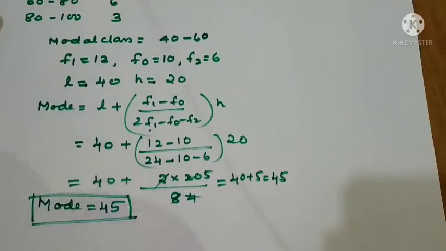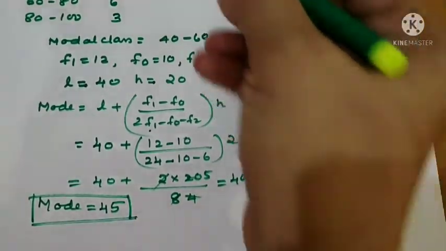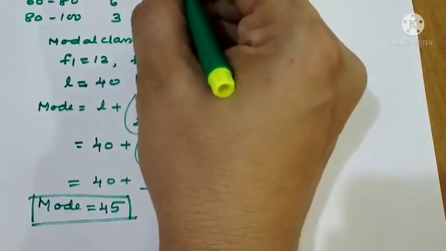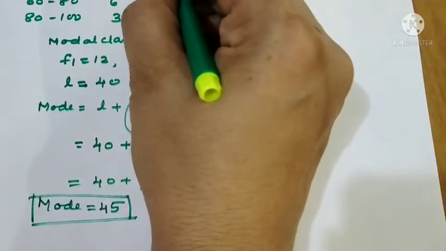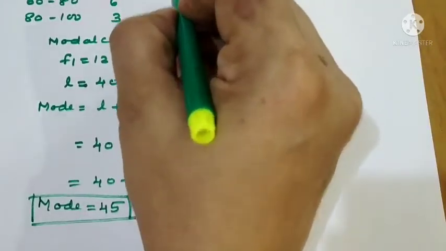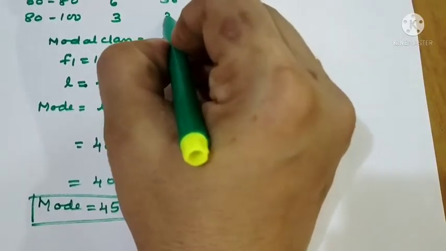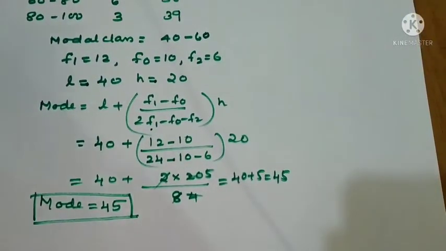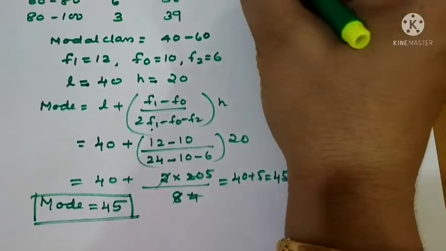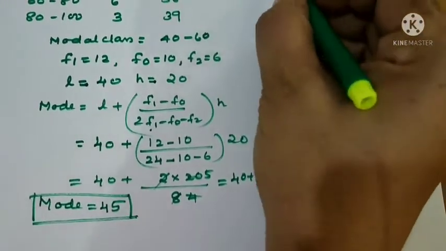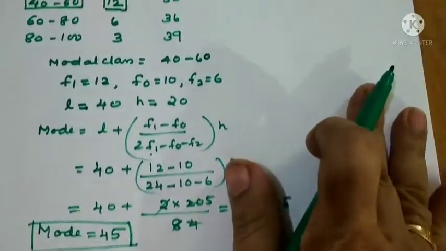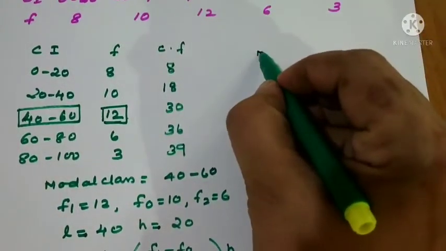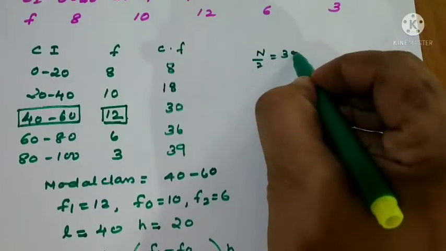Now median I want. So median I want means what I can do? CF formula required, CF column. So 8 plus 10, 18, 30, 36, 39. Right? So here we have to find out a median class. CF already calculated. Next, n by 2 we can calculate. N by 2 equal to 39 by 2, 19.5.